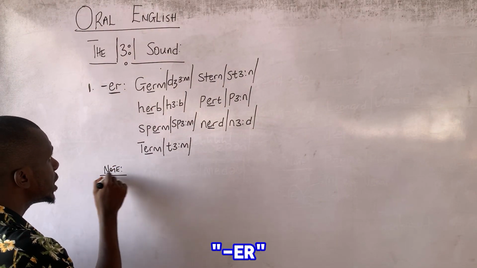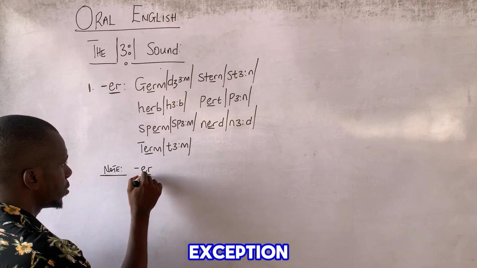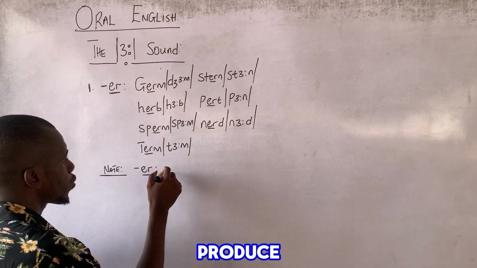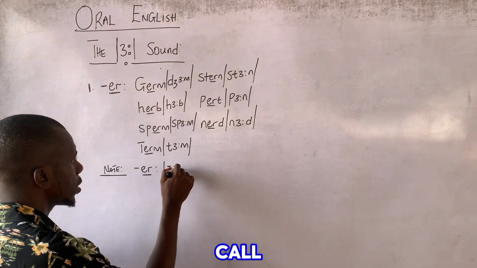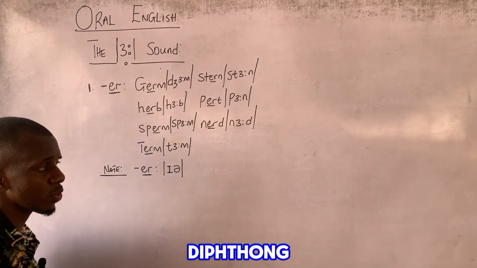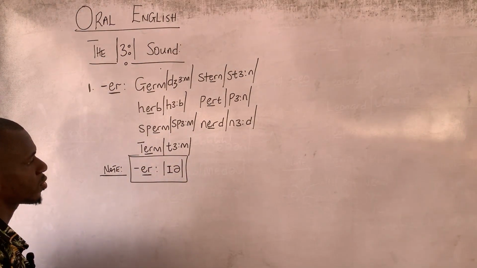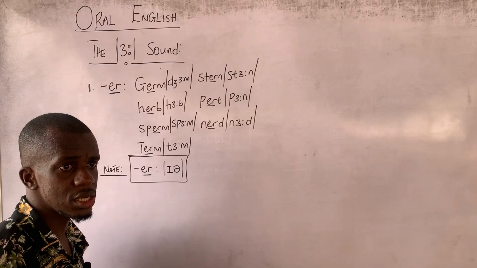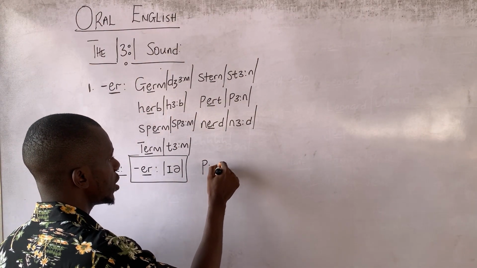Now, the letters ER, as a matter of exception, we produce a sound we call ear. It's a diphthong. The letters ER, we produce a sound known as ear, as in the word pier.